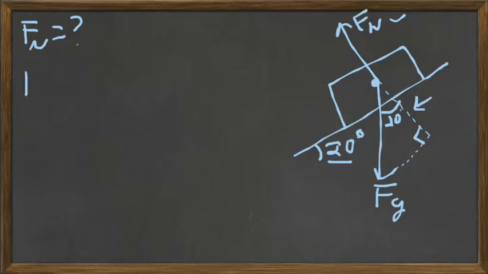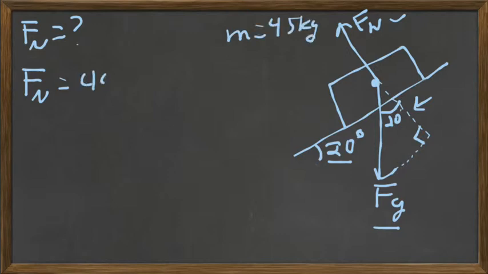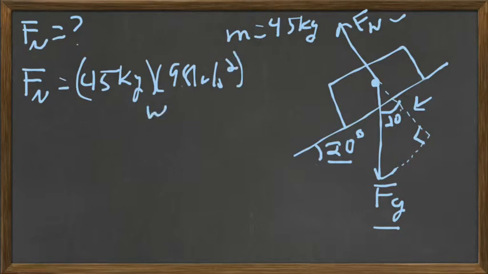So my normal force, in this case, will be equal to the weight of the object, which we said the mass was 45 kilograms, times acceleration due to gravity, i.e., the weight, times the cosine of my 20 degrees. And when I solve for that, I wind up getting 414 newtons.